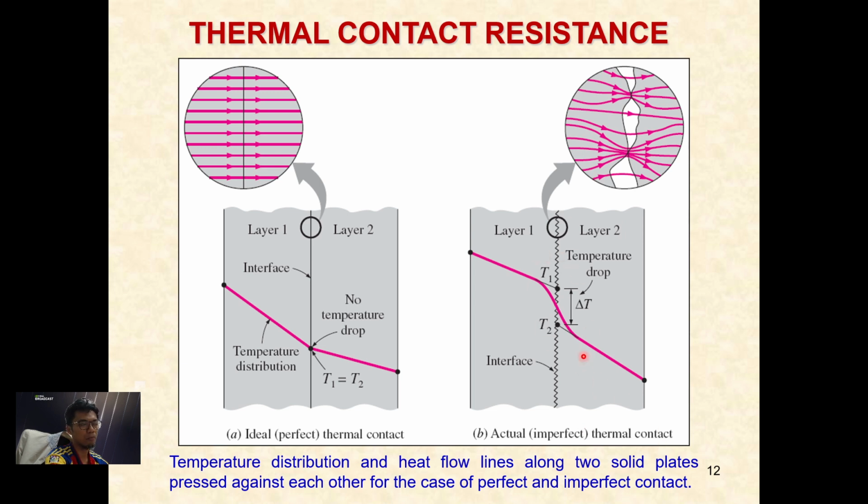There must be a temperature drop between the two metals. No matter how smooth you make it, there will be trapped air. So you cannot get ideal thermal contact. Ideal thermal contact is only for analysis, but in actual situations there must be trapped air there.